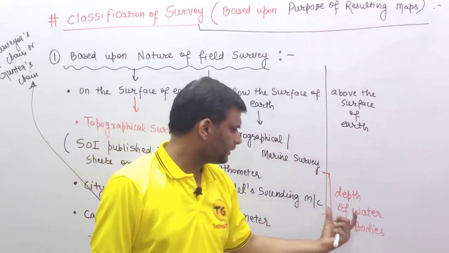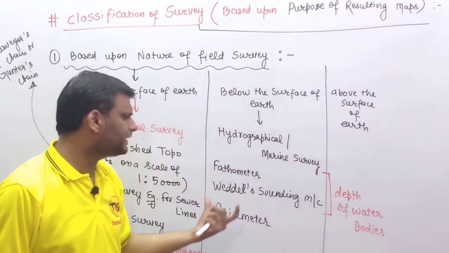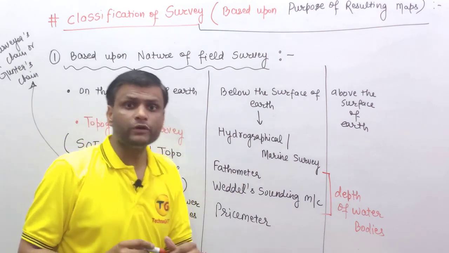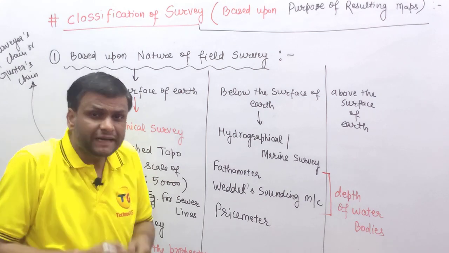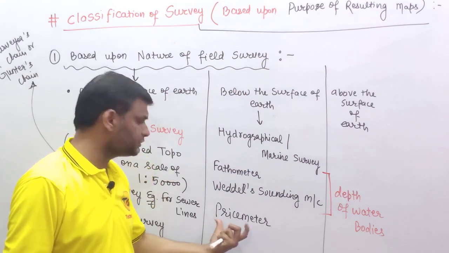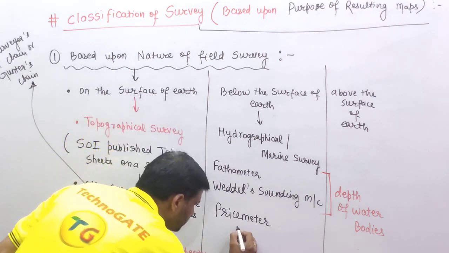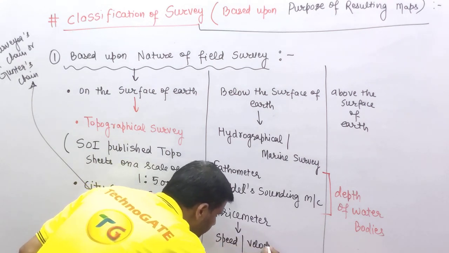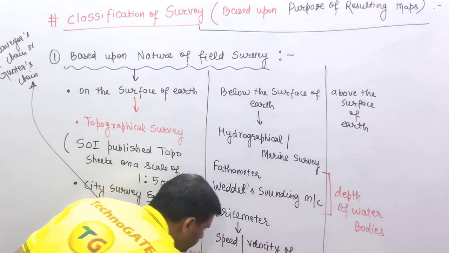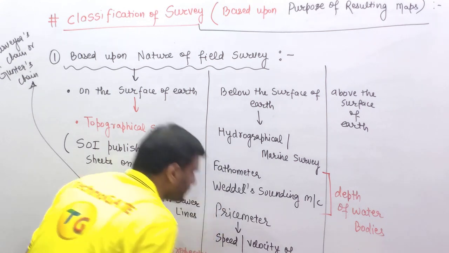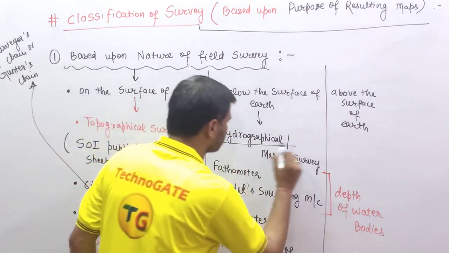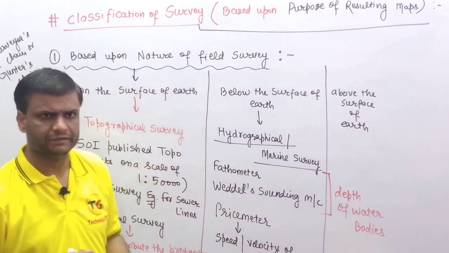Water body depth is measured using fathometer and Weddell's sounding machine, whereas the speed or velocity of water bodies is measured using price meter. This is about the hydrographical or marine survey.